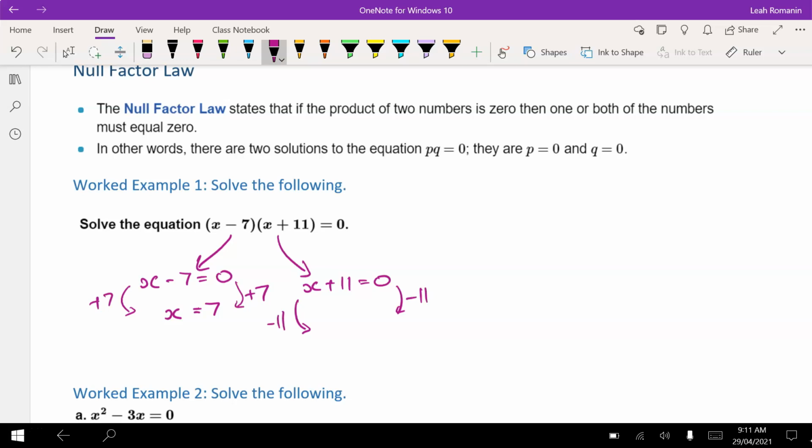So 11 minus 11 is 0, so they cancel out to leave me with just x. And then on the other side, 0 minus 11 is negative 11. So my two solutions for x are negative 11 and 7. I tend to write them in numerical order, but it's not the most important thing.